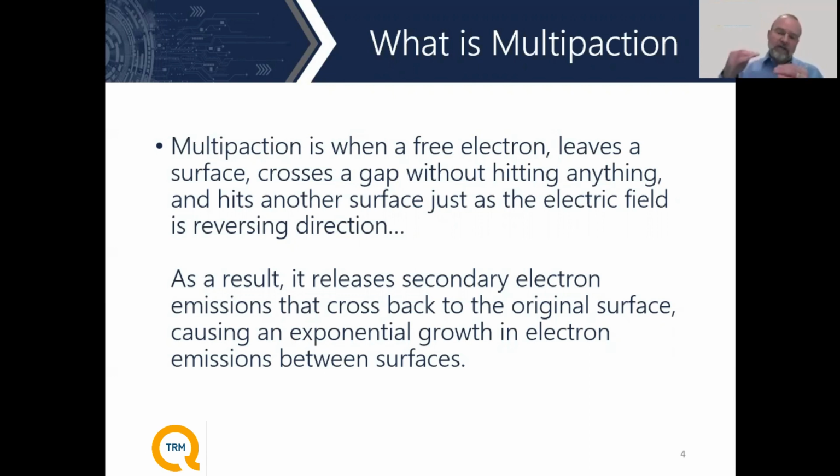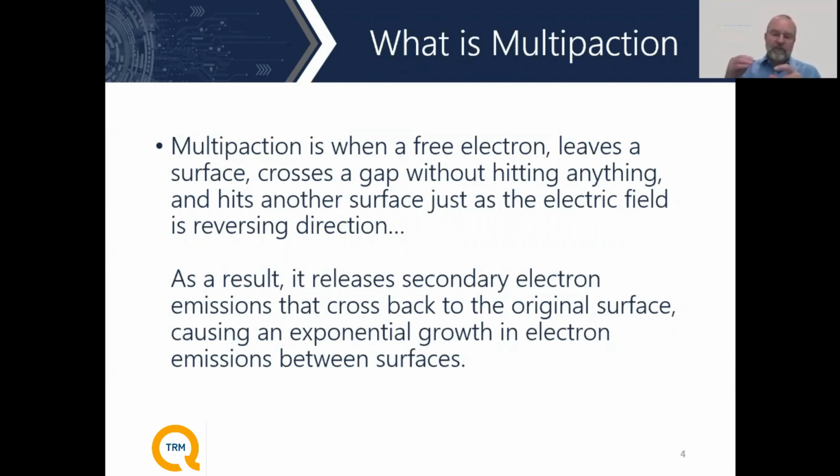Multipaction occurs when an electron leaves a plate or conductor, travels across space, and then arrives at the ground leg or another conductor. What's important about the multipactor effect is that the electron has to be able to jump the gap without intersecting any other molecules.